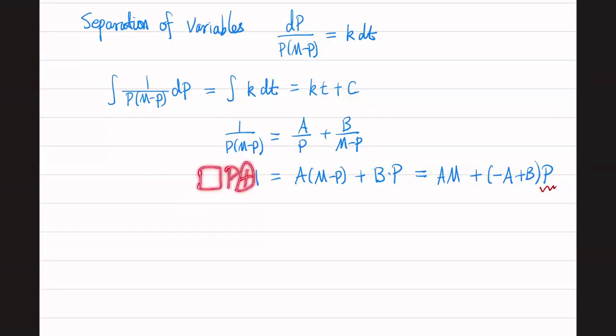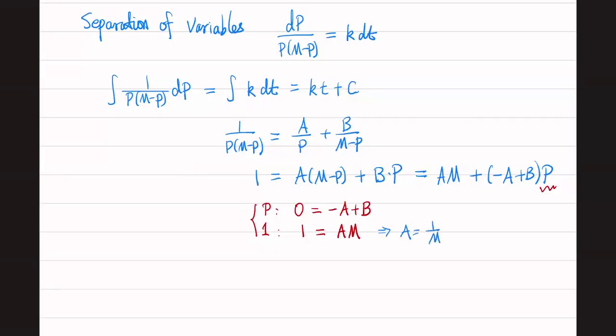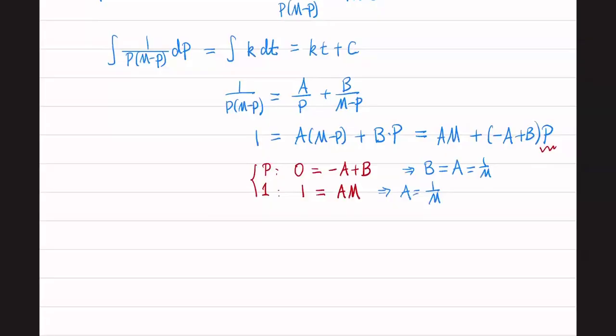There's no P over there. The coefficient should be 0. So no P, we see that 0 is A plus B, and the constant term is 1, AM. So now we can see A is 1 over M. And then this implies B equals A. So we have the partial fraction decomposition.